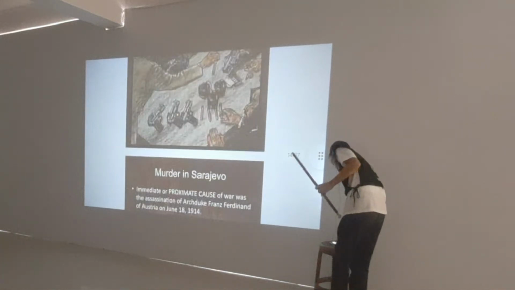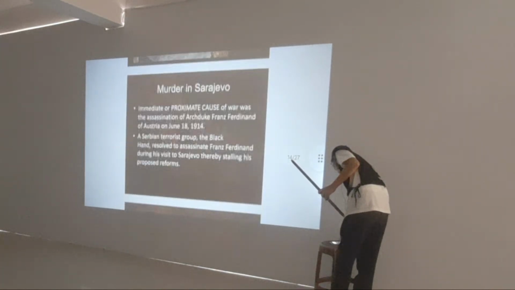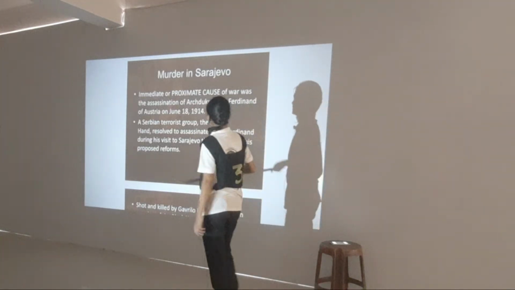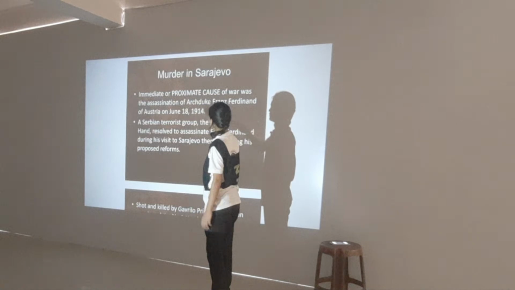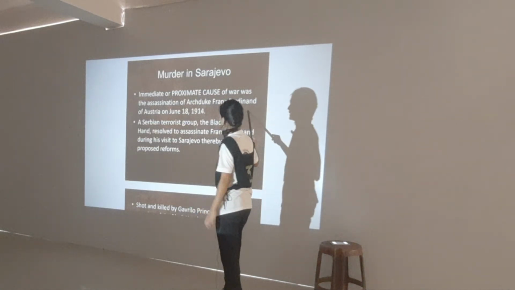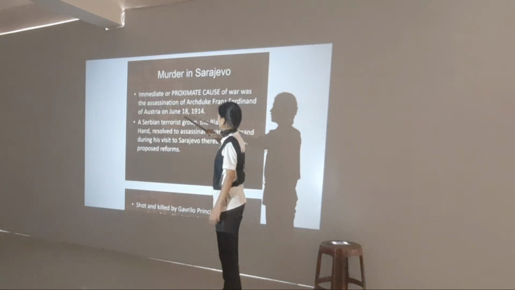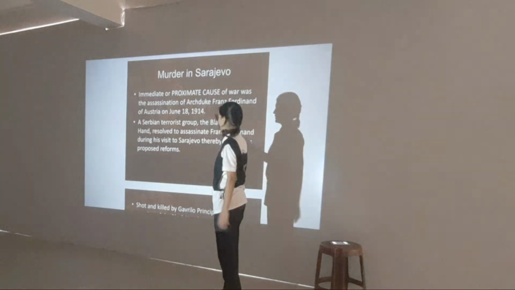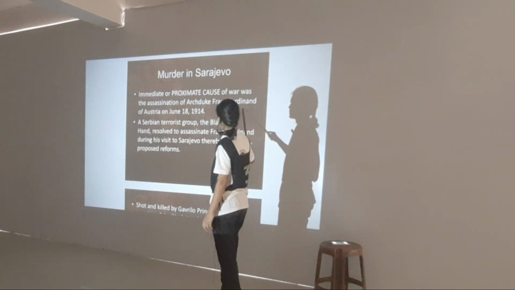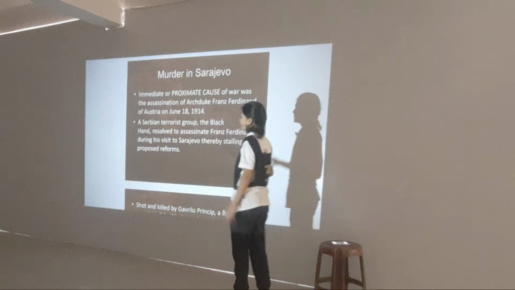So what triggered the war? The immediate or proximate cause of the war was the assassination of Archduke Franz Ferdinand of Austria on June 28, 1914. He was assassinated, and this triggered the war.